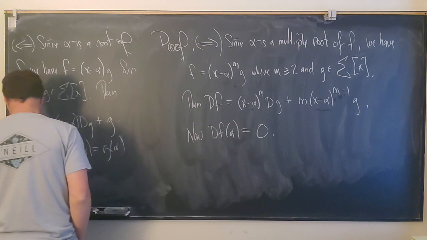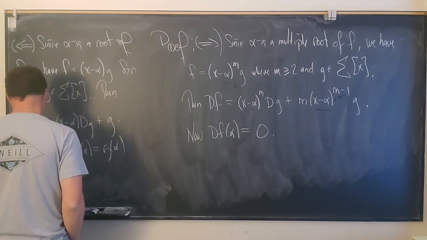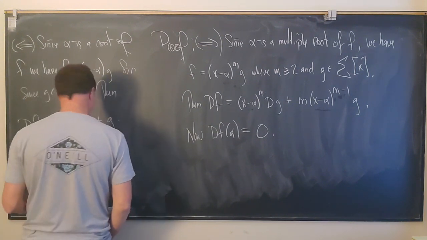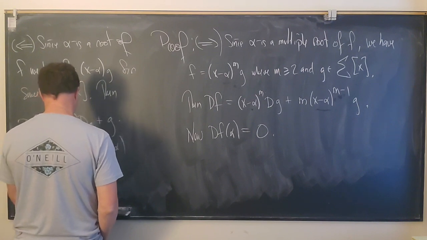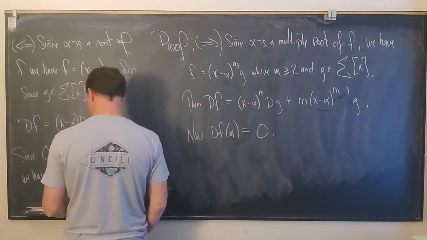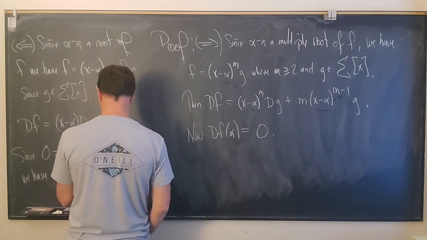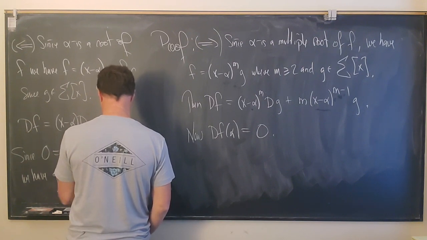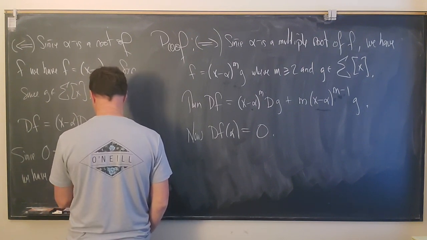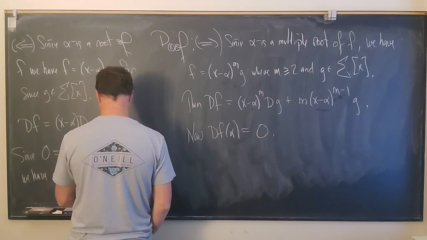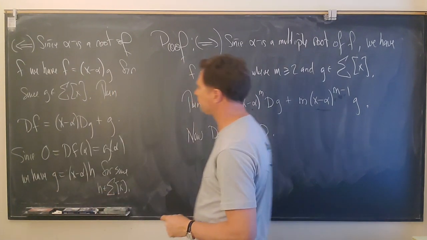So we have that g also has to equal (x minus alpha) times some h in sigma[x].